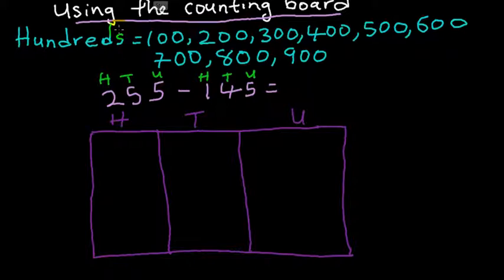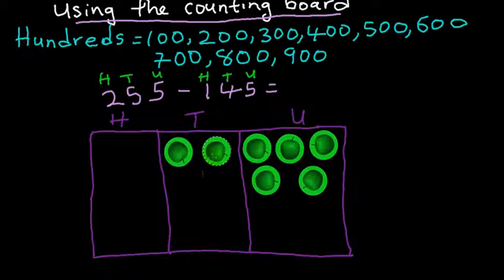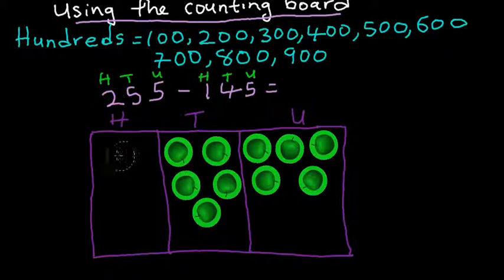Now let's represent the number. We have 5 apples in the units column: 1, 2, 3, 4, and 5. In the tens column, we also have 5 apples: 1, 2, 3, 4, and 5. Then in the hundreds column, we represent it with 2 apples.